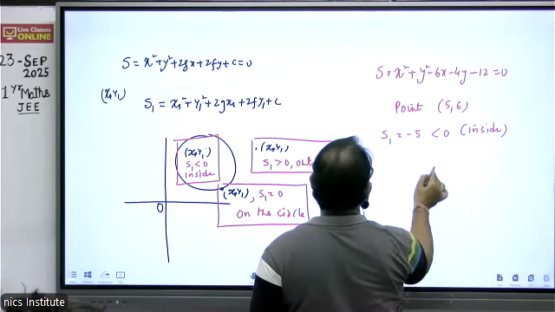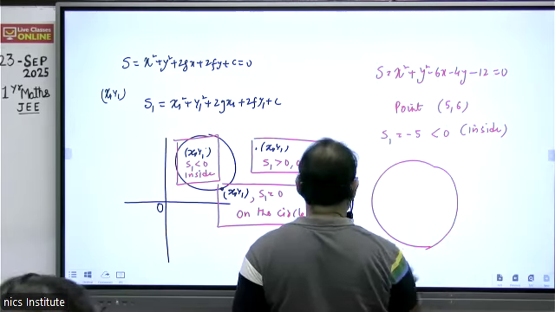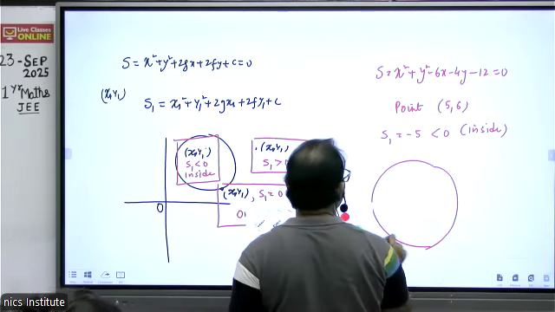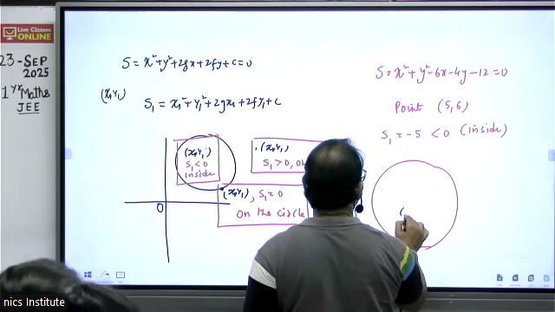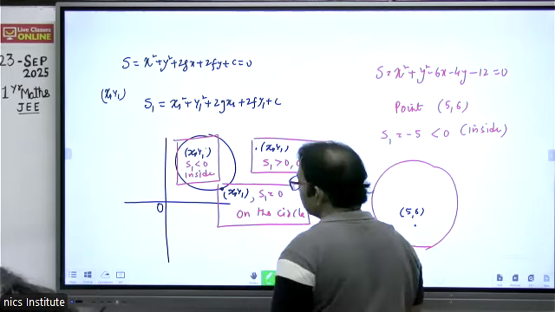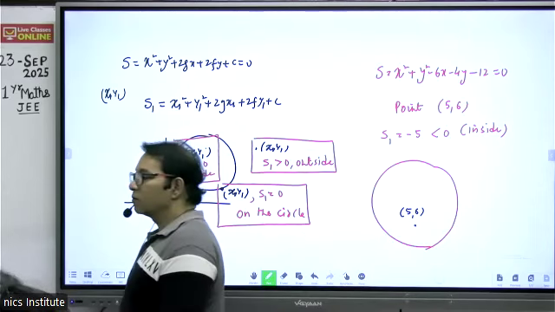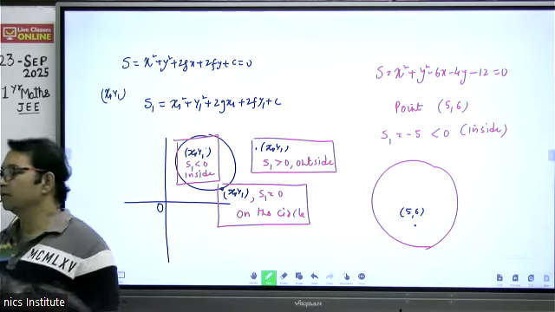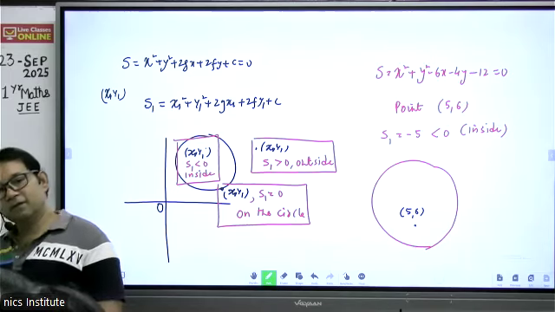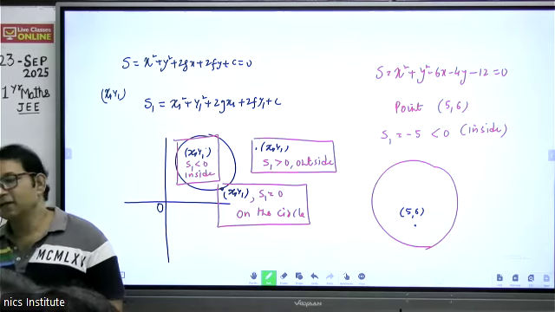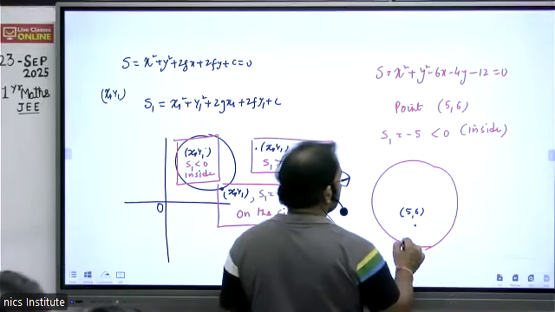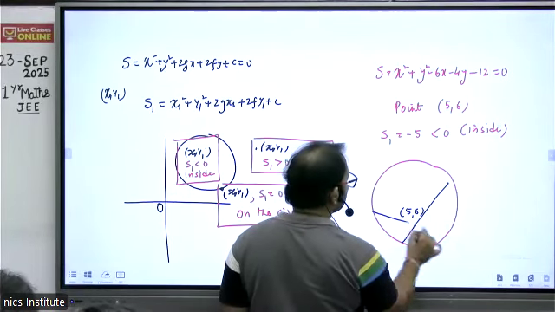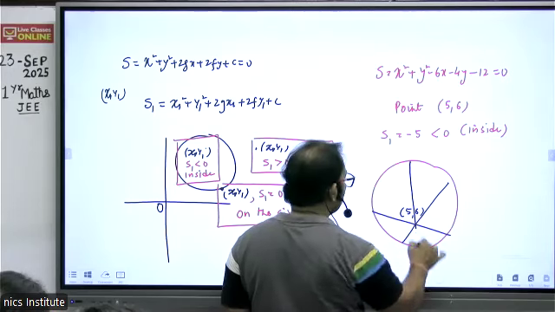Now, if the point is inside the circle, through this point, how many chords can be passed? How many chords will pass through the circle? Infinite chords. There'll be many chords. ठीक है, बहुत सारी chord होंगी.